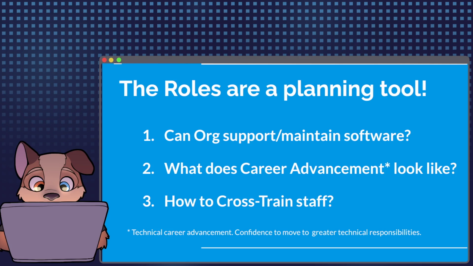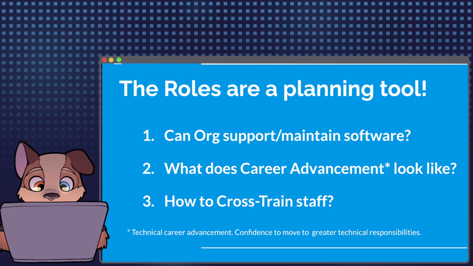And the other thing about this methodology is that it implies a way of cross-training your staff, so that if a team member leaves, you don't have this breakdown of how do you support and maintain the software. It is a critical planning tool so that your software does not depend on just one person.